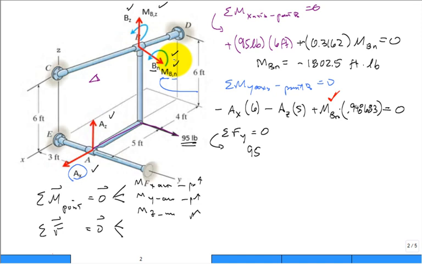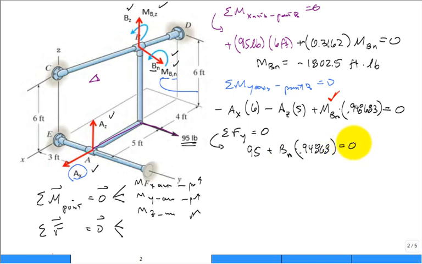And won't that be Bn times that part in the y, 0.94868, and so on? Bn times that is equal to 0.